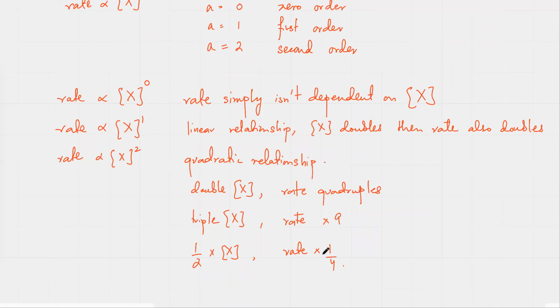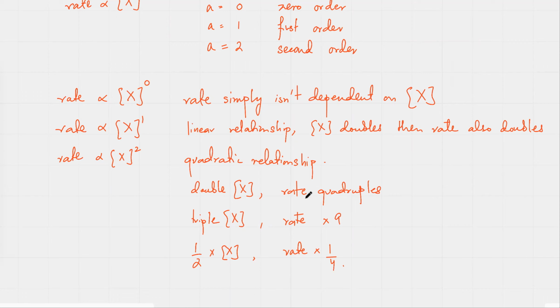So that means the rate is a lot more sensitive to the concentration of X. Whatever you alter the concentration of X, the rate changes accordingly, but in terms of square. You double it, it becomes quadruple. You triple it, it becomes 9 times. If you halve it, the rate decreases by 1/4.